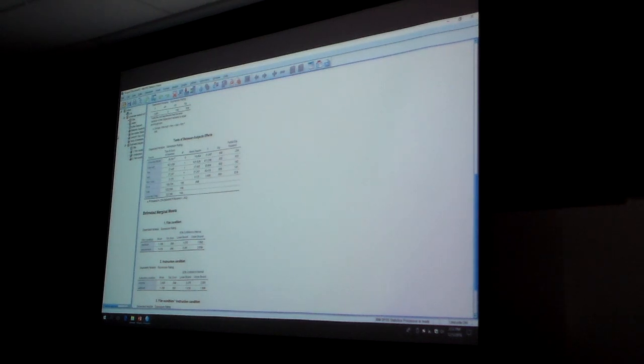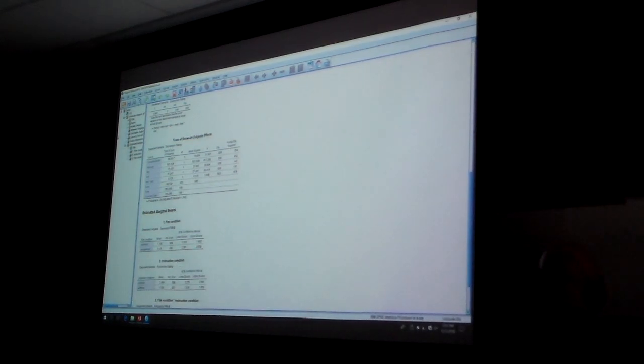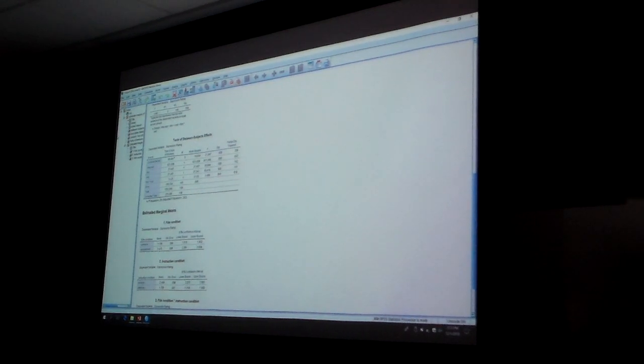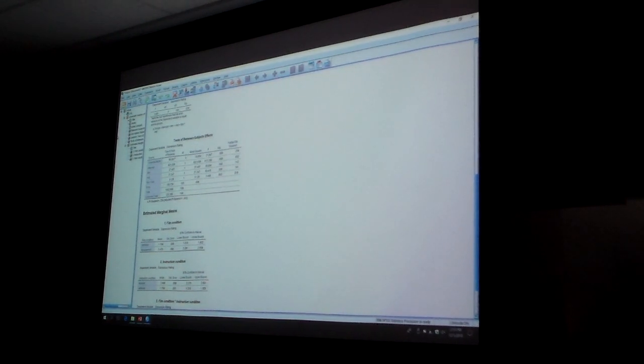So when we're going through and calculating it, our eta squared is sum of squares effect over sum of squares total, right? For my partial eta squared, that's sum of squares effect over sum of squares effect plus sum of squares error.